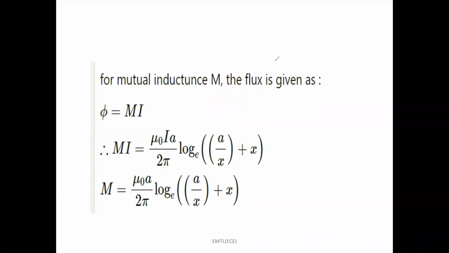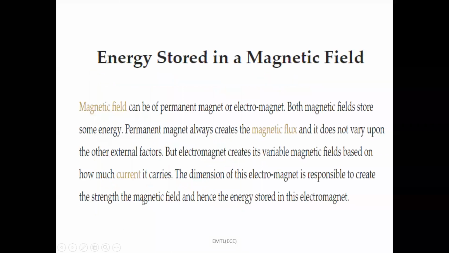Now the next concept is energy stored in a magnetic field. Actually, the same topic we have to discuss in the electric field also. Capacitors, you already know what a capacitor is and what its purpose is, and what an inductor is and what its purpose is.